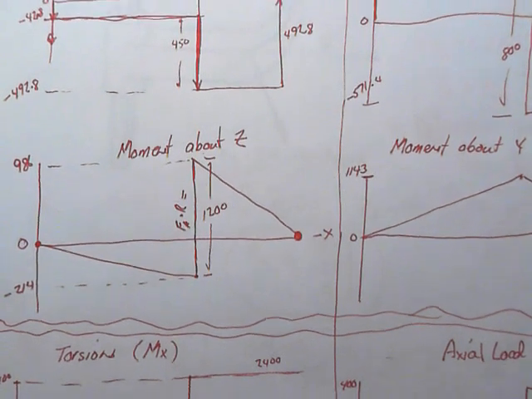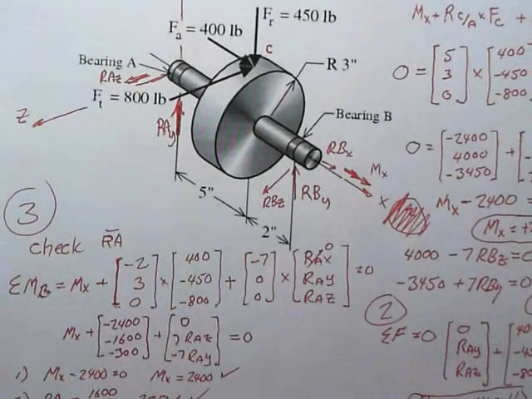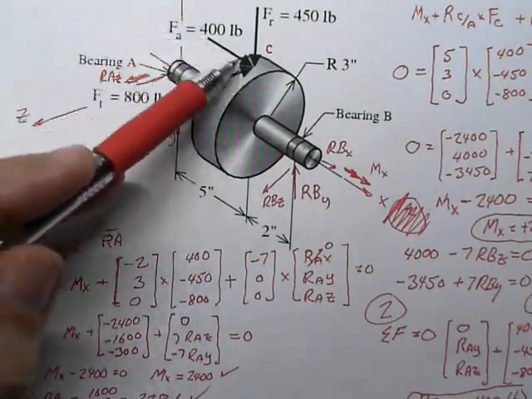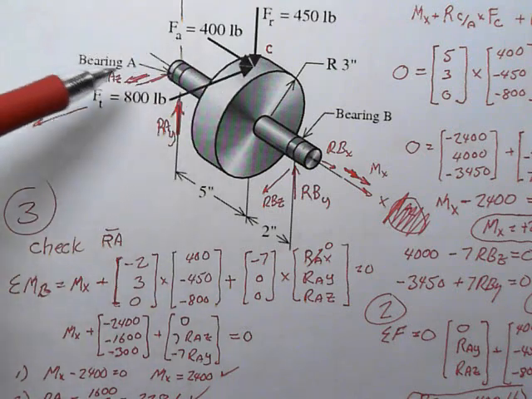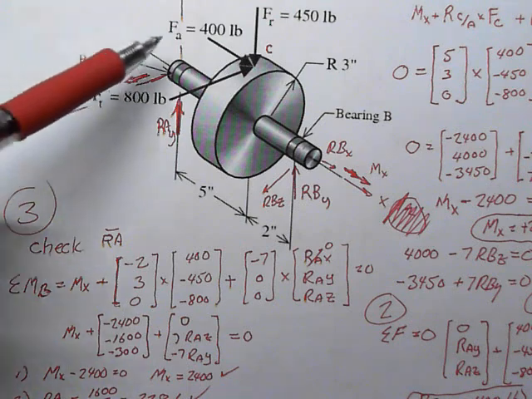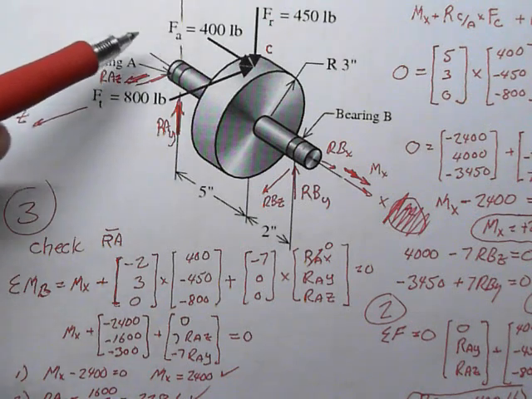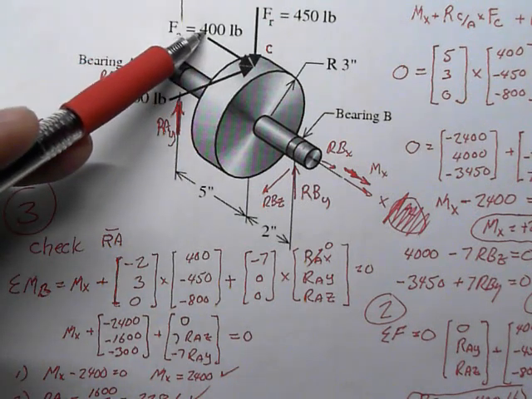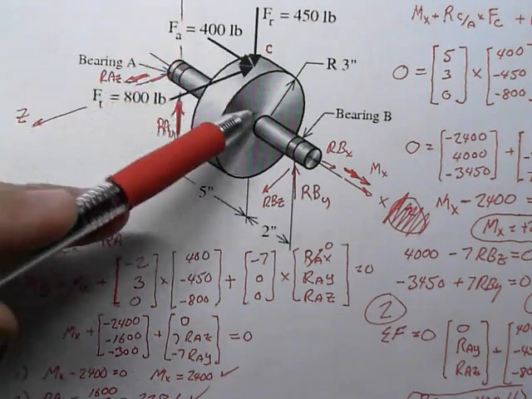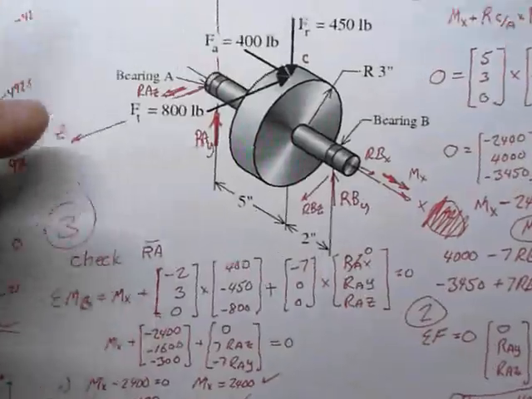Now, looking at our picture, this 400-pound load does cause a moment about the Z direction, and it is a positive moment. It's a moment of 400 pounds times a moment arm of 3, or 1,200.